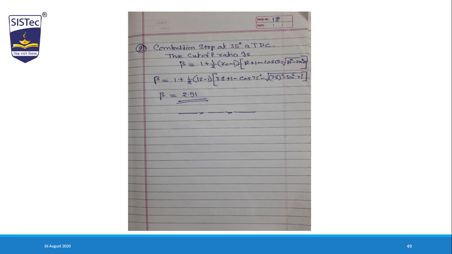So the cutoff ratio is represented by beta, and the equation is 1 plus 1 by 2 multiplied by the compression ratio minus 1, in a bigger bracket, R plus 1 minus cos theta, minus the square root of R squared minus sin squared theta. So after putting in all the values, the cutoff ratio is finally 2.91. So this is the answer of this problem. Thank you.